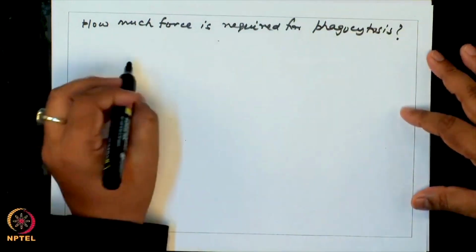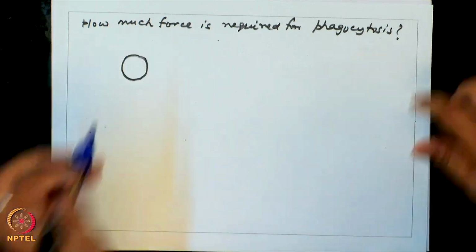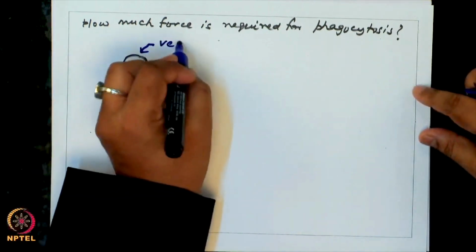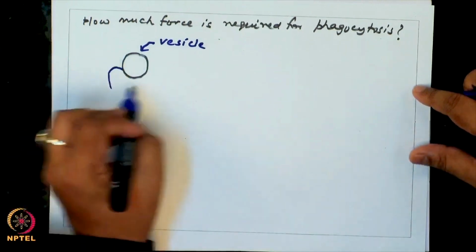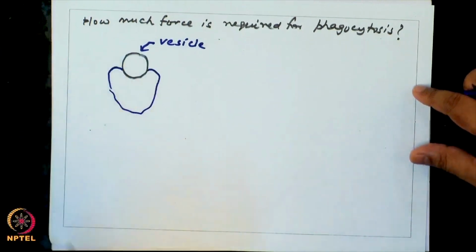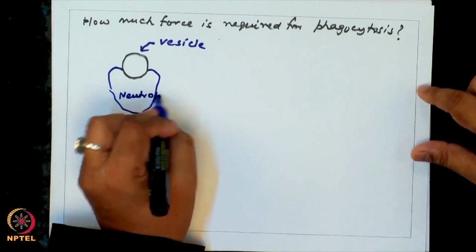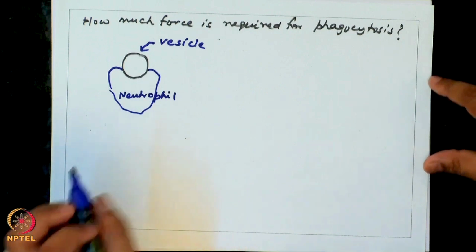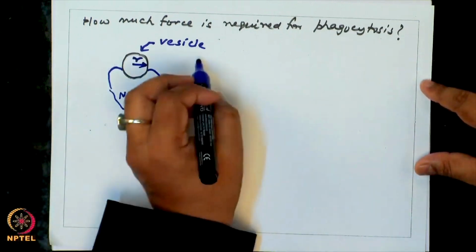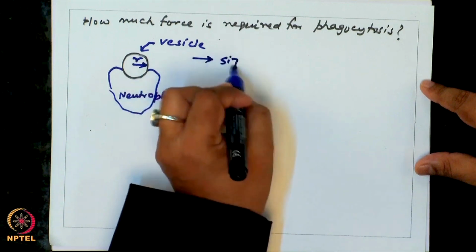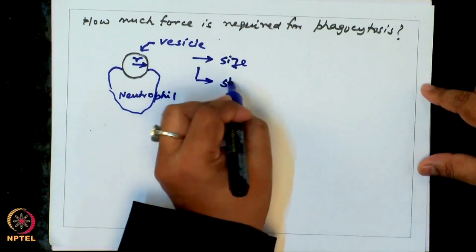So, if you do an experiment in which you take a vesicle and you track its phagocytosis dynamics by a neutrophil, you will understand that it depends on the size of the vesicle as well as its stiffness.